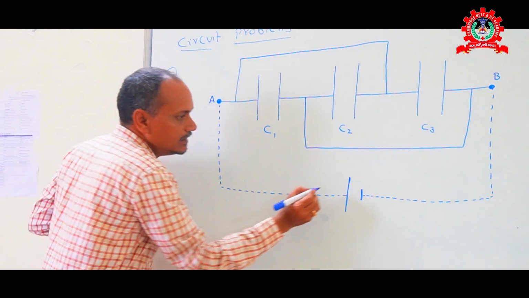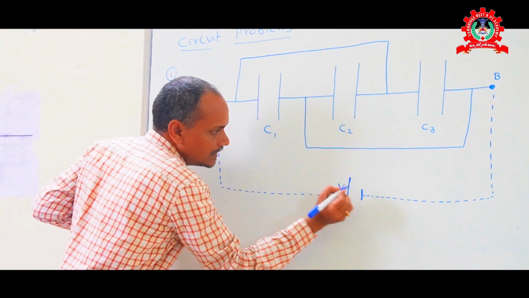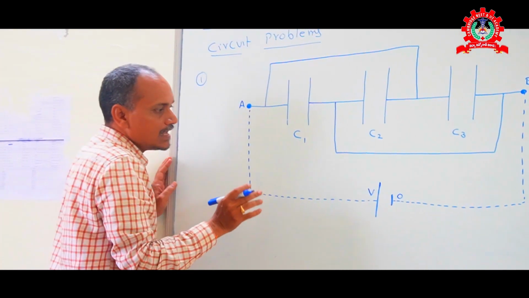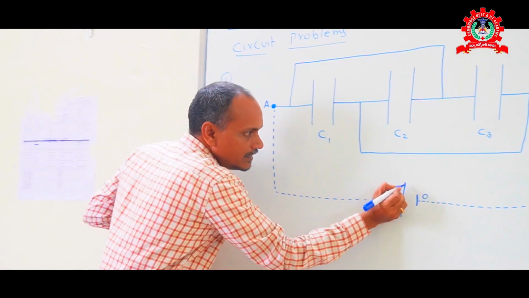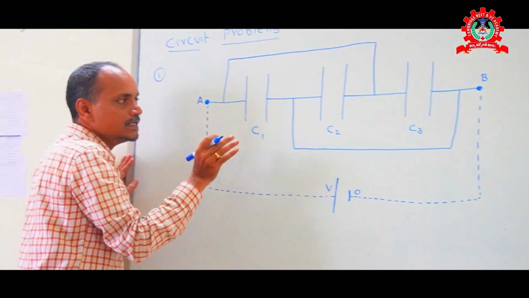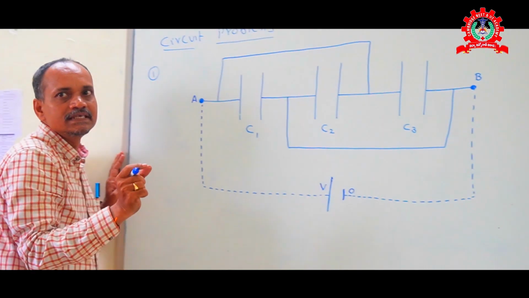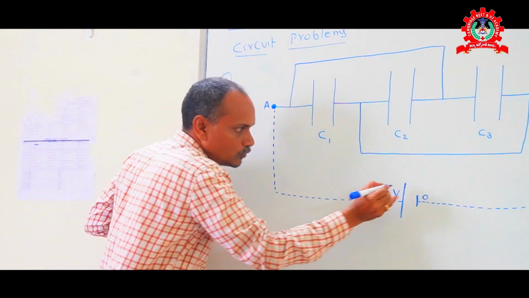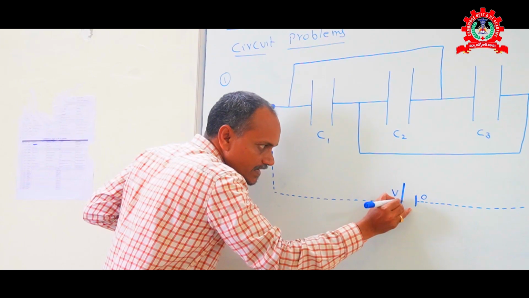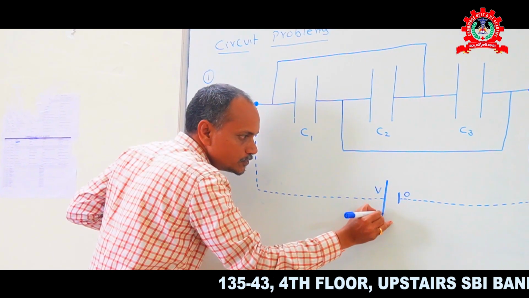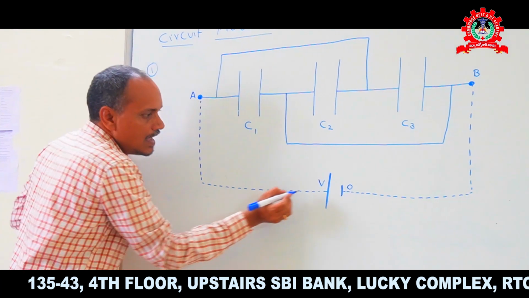Here the potential is V and here the potential is 0. As we know, if you start to resolve any circuit problem, the basic step is to choose our path from the positive terminal of the cell.